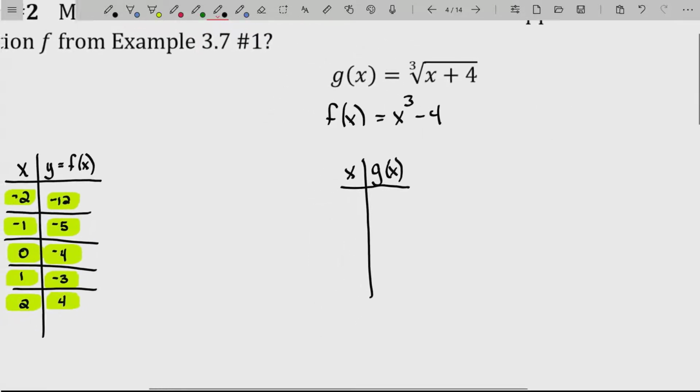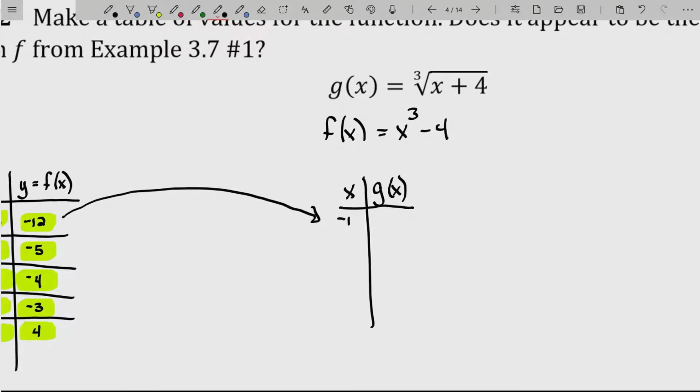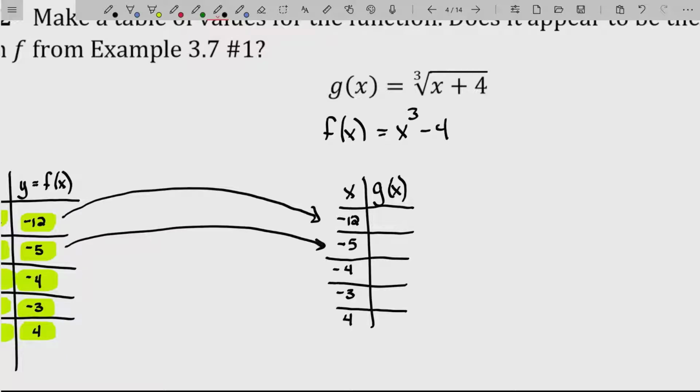Now the values I'm going to plug in, because I want to see if g is the inverse of f, well, I'm going to take the outputs of f and plug them in as inputs into g to see what happens. So that output of negative 12, and we have an output of negative 5, and we have an output of negative 4, and an output of negative 3, and finally an output of positive 4. Let's see, with each of those outputs for the function f, what happens when we plug those outputs into the function g.